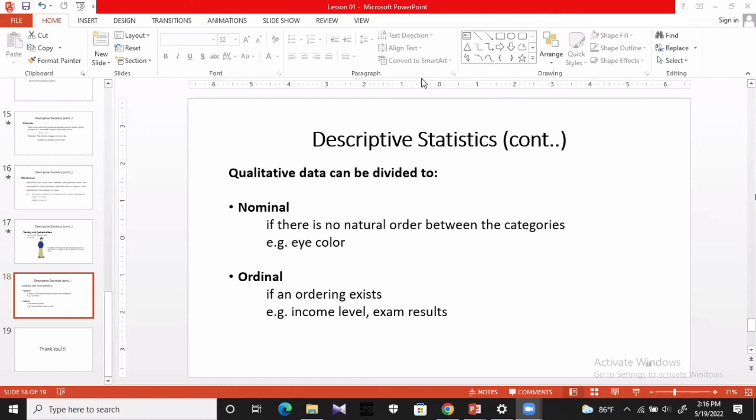Adult means someone greater than 18 years. Yes, we can consider them as adults. If we consider their age level, there is an order between the age levels.